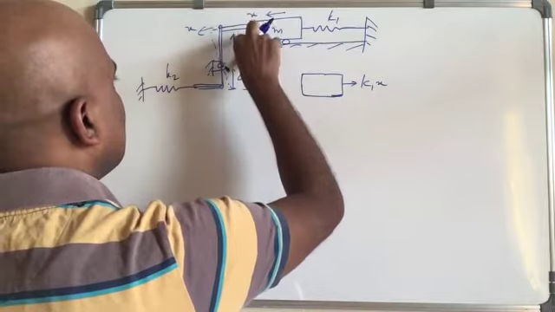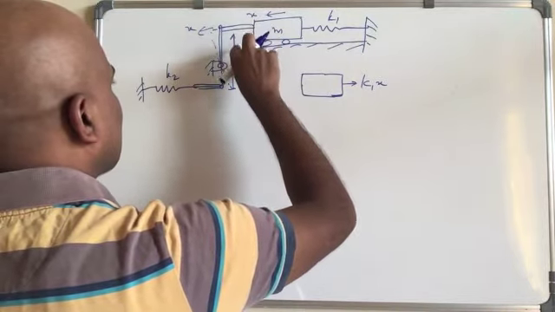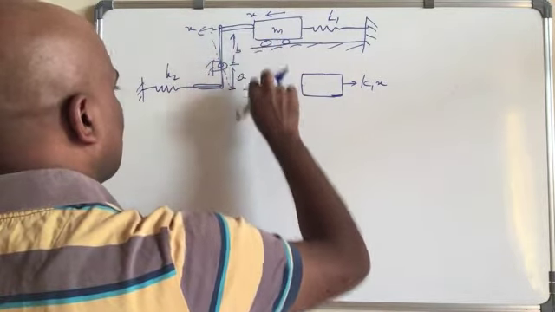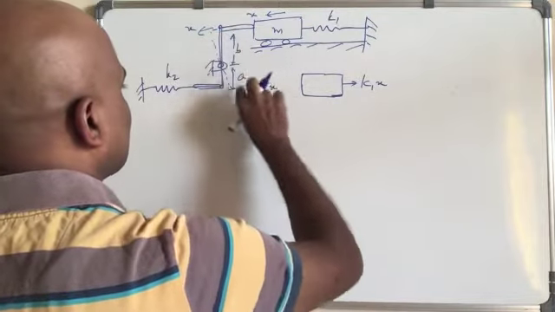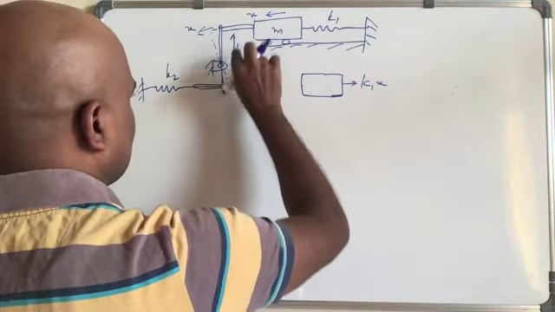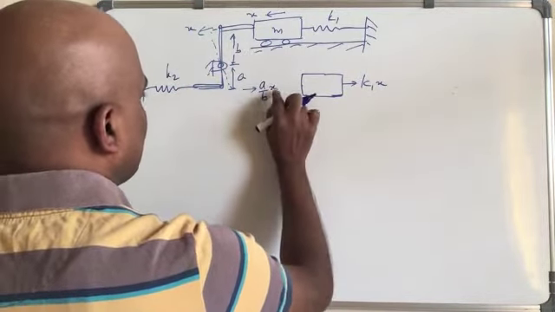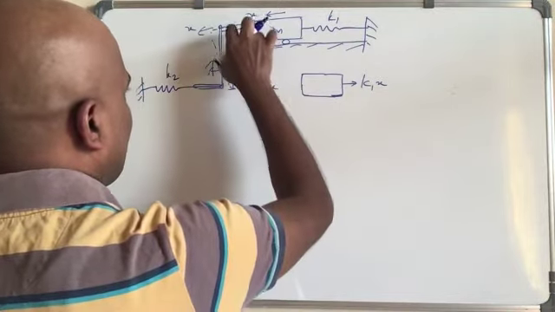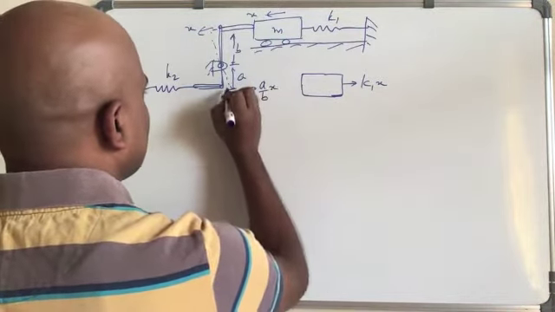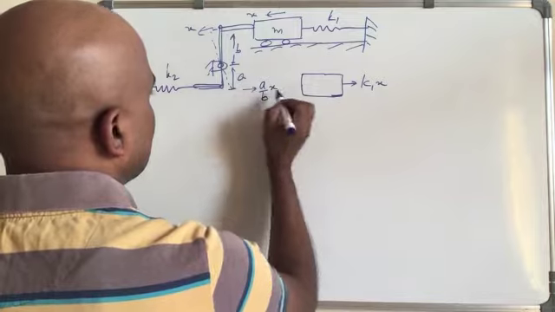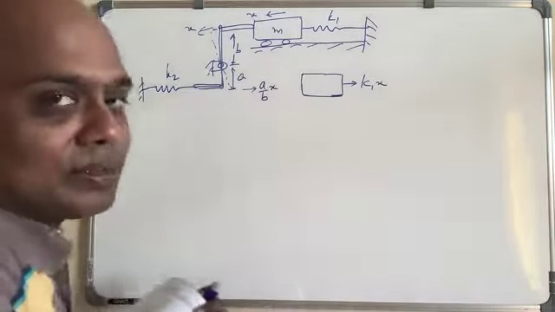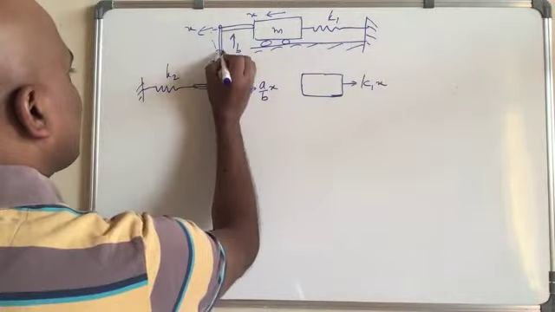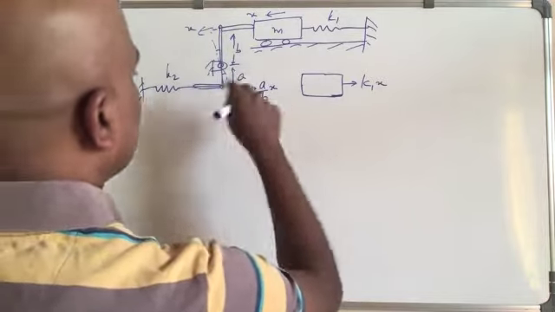So the x share of x is proportional to whatever the lever is. The lever in this case is a, so a divided by b times x. So this is how it will be. Simply, the angle here both will be same. You can equate, you can get this value.